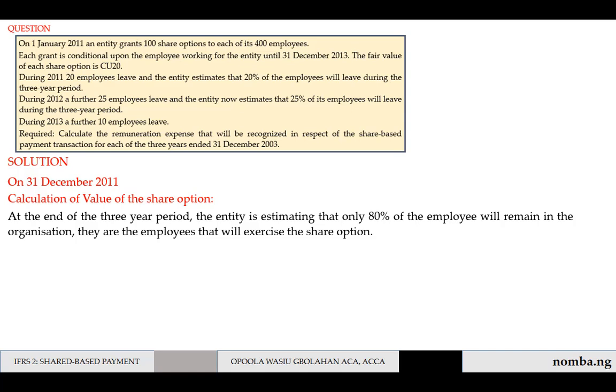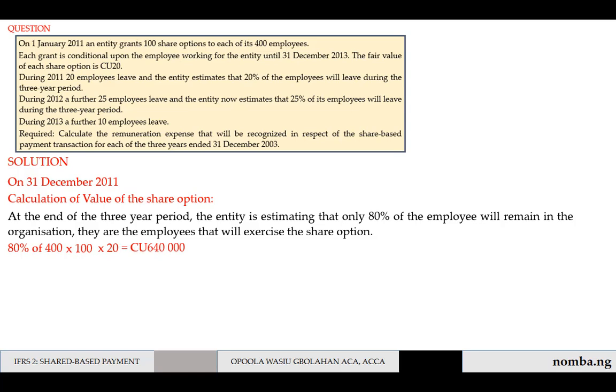Therefore, the estimate of the value of the share option at the end of 2011 will be 80% of the 400, the number of employees that we expect to exercise their share option, multiplied by the number of share options per employee. Then we multiply by the fair value of the equity instrument. And that's 640,000.